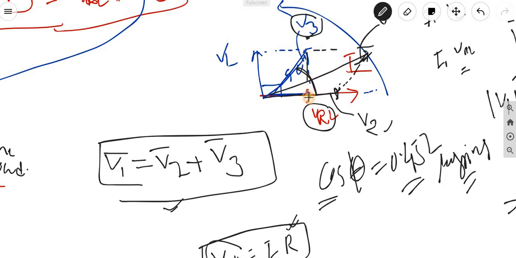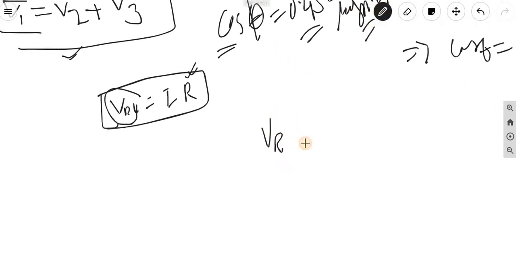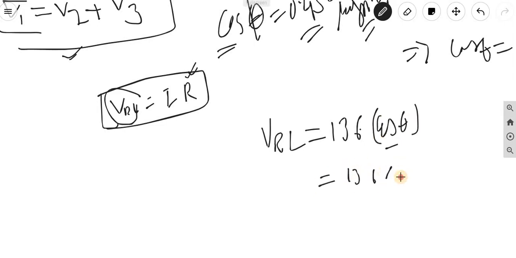From this right angle triangle, because this is VL and this is VRL. If the hypotenuse is 136 volt, then VRL is 136 into cos theta, so 136 into 0.45.